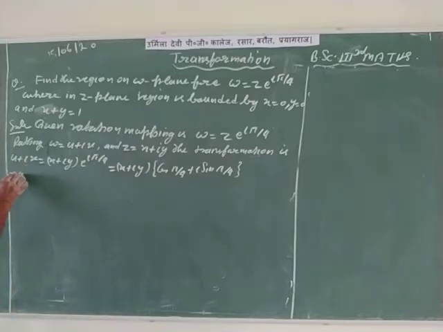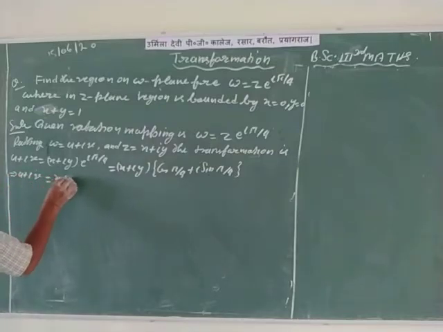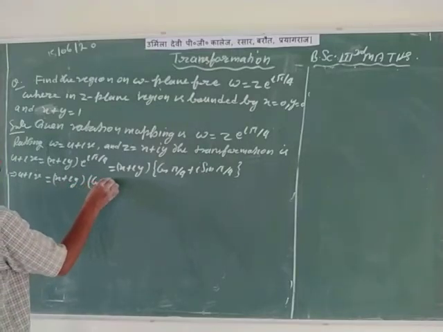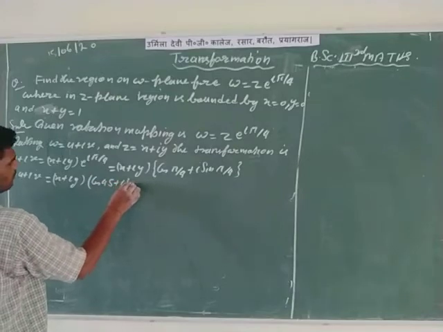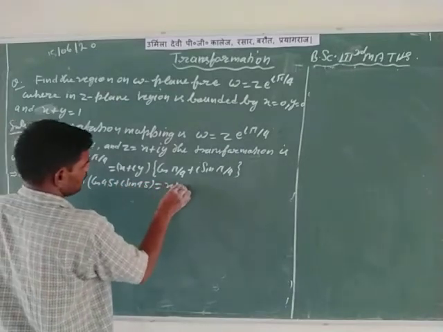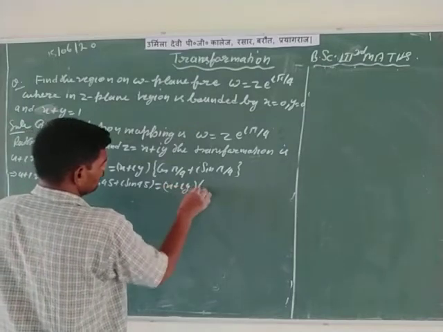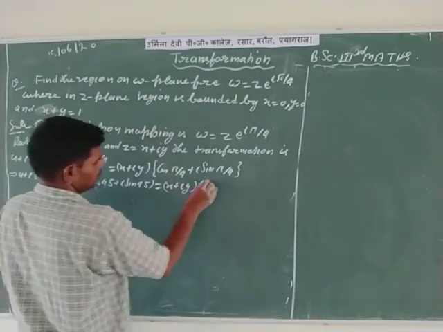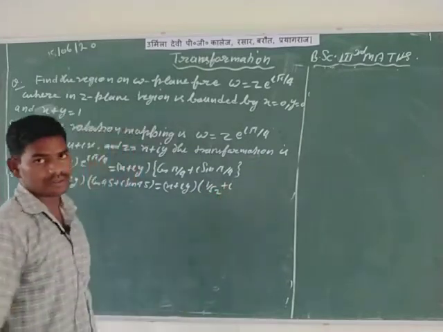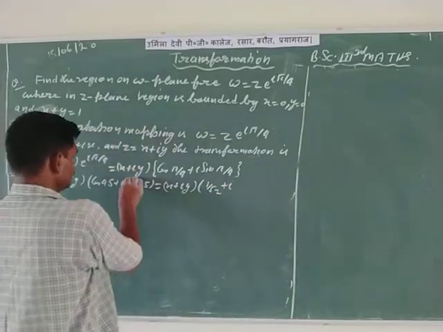It implies that u plus iv is equal to x plus iy times cos 45 plus i times sin 45. cos 45 is equal to 1 by under root 2 plus i times sin 45 is equal to 1 by under root 2, you know that.